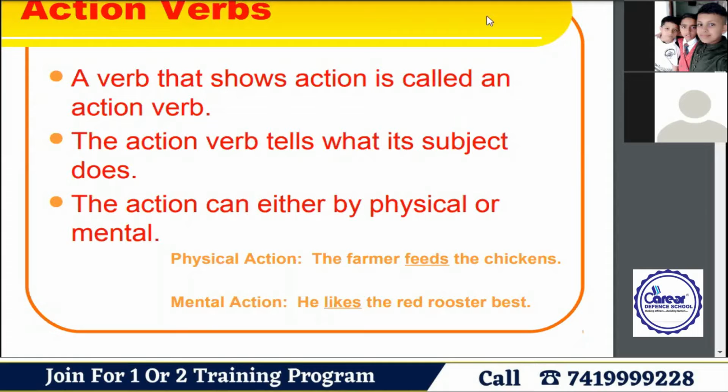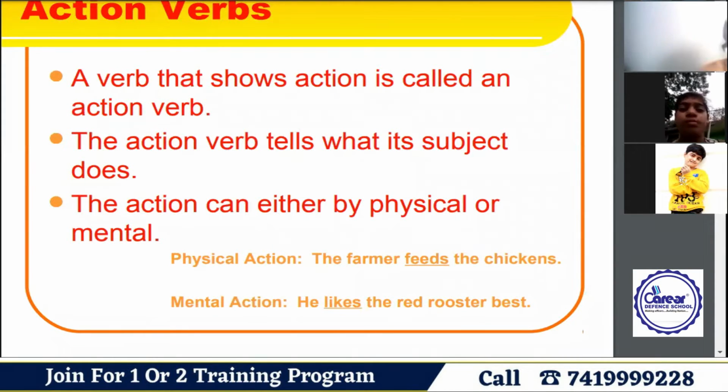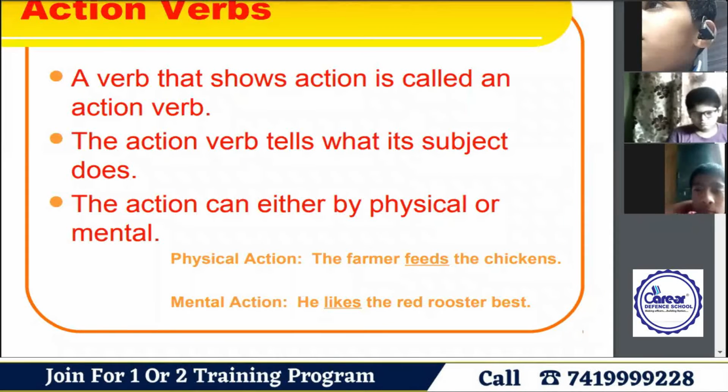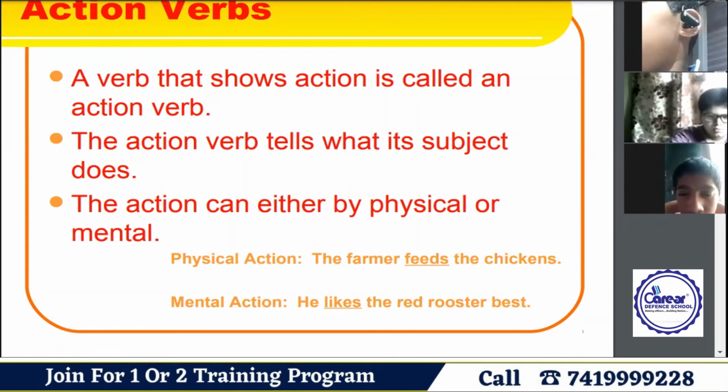Liking, is anything happening there? Tell me. In liking, are you doing any physical work? No. Is there any body or hand movement? No, I don't think so. Divyansh, when you like something, do you start doing some actions?